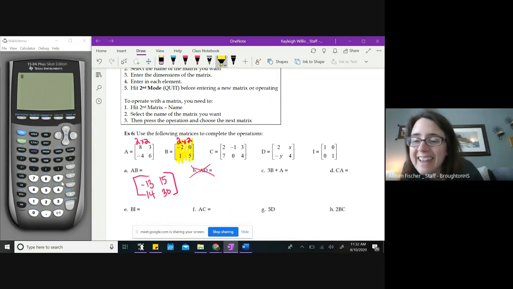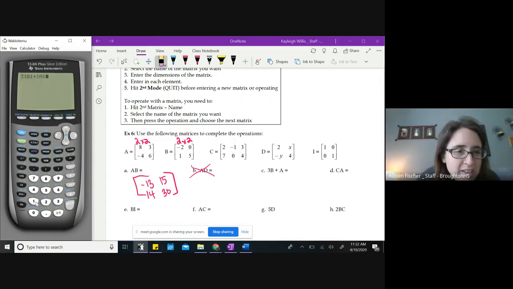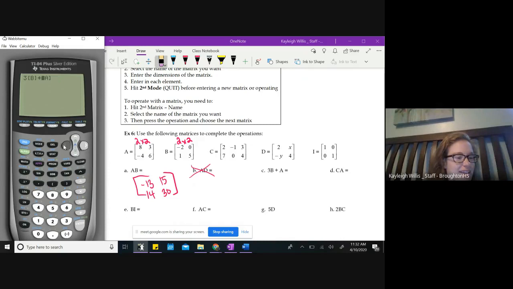Good question. But I can also just type this in. So 3, second matrix, I'm gonna go down to B, plus second matrix, A. And I don't have to put a times sign next to the 3B. You can.